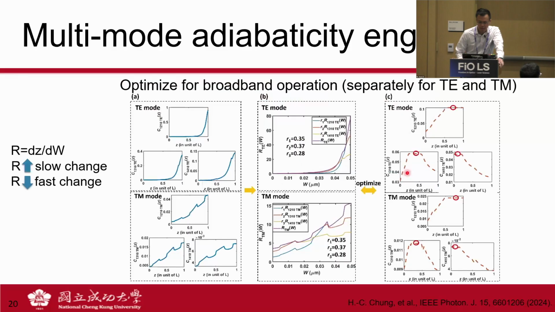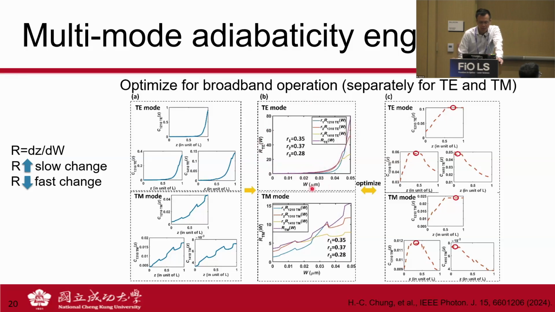And this is a slightly complicated slide, I apologize. But again, when we calculate these adiabaticity parameters, we see that they are different for different wavelengths. For example, we calculate its value at 1210, 1310 and 1410, and you see that they look pretty close, but if you put them on top of each other, they are a little different.